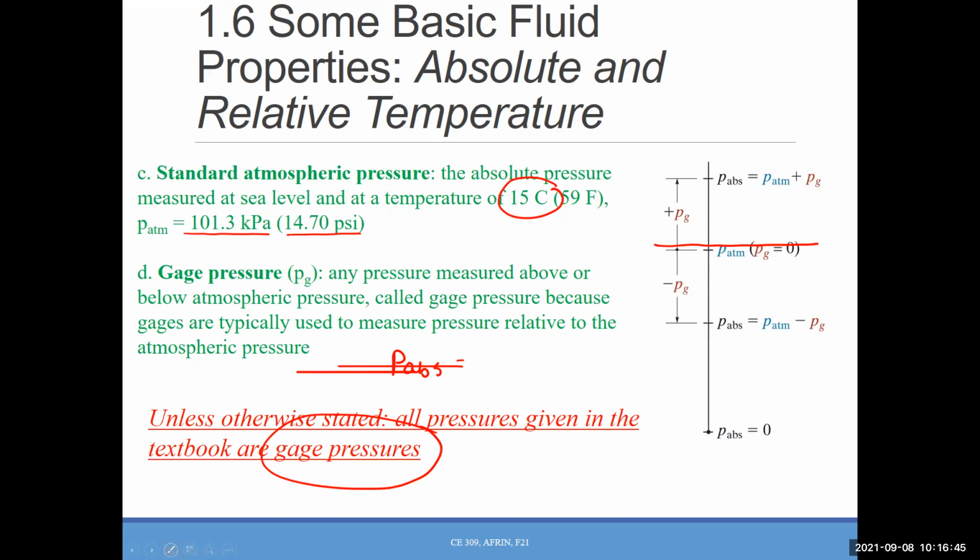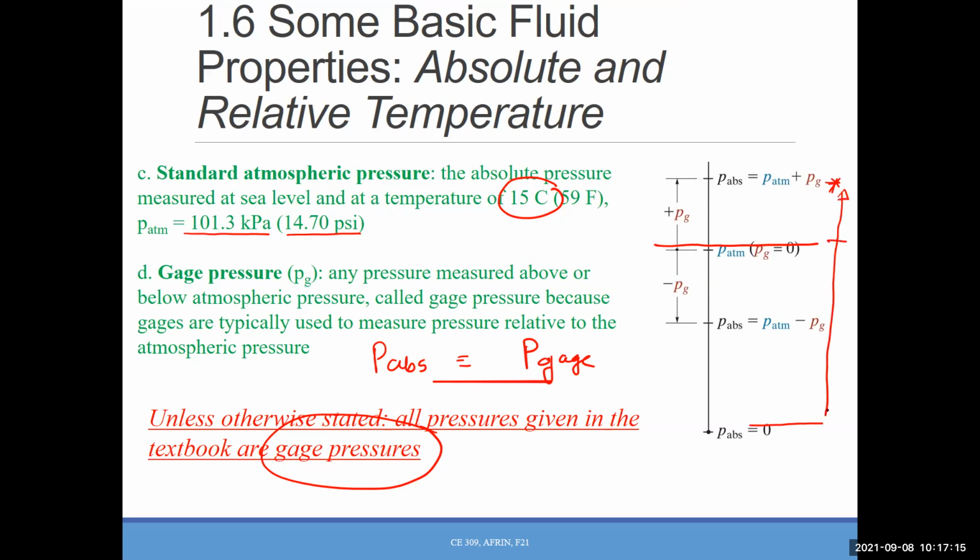okay, this line here, okay. So P absolute equal to P gauge. What is the best way to connect these two? This is the P absolute, and up to this point, how can we connect?